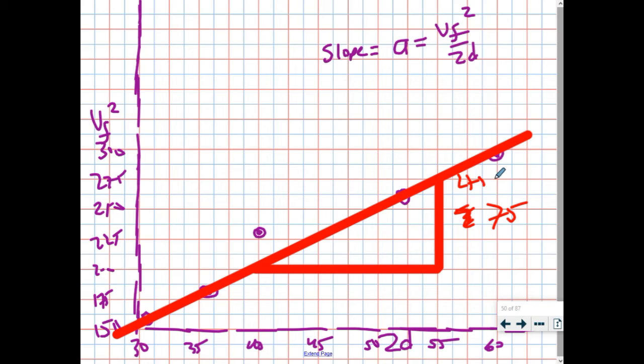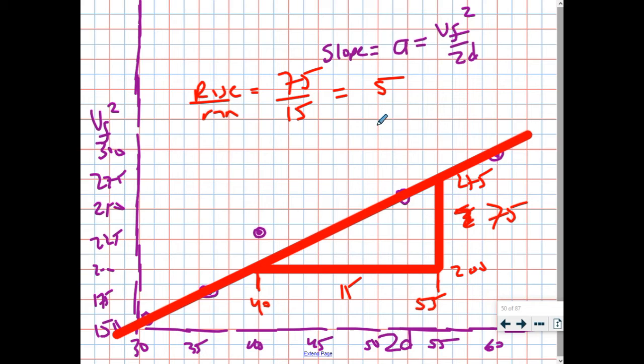This was 275. This was 200. So the rise is 75. And then from here, I think I started at 40 and I finished at 55. So from 40 to 55 is 15. So my rise was 75. My run was 15. I've got an acceleration that I believe is about 5.